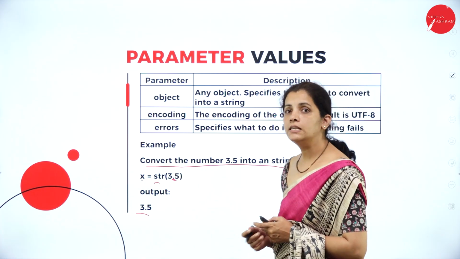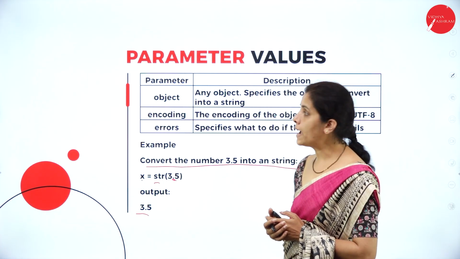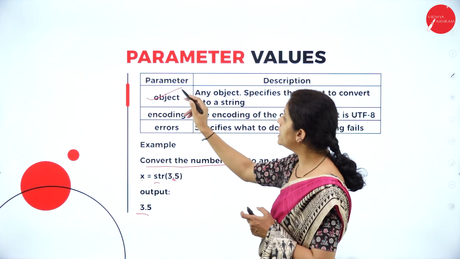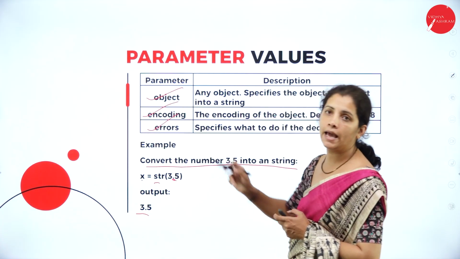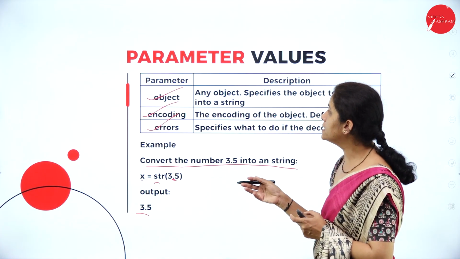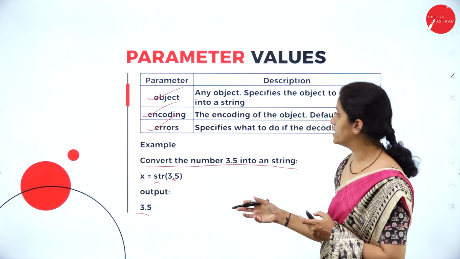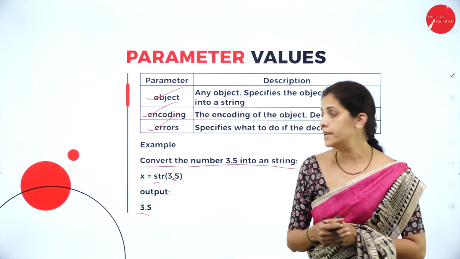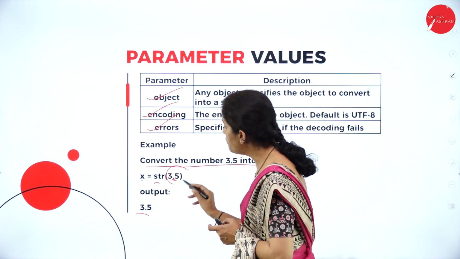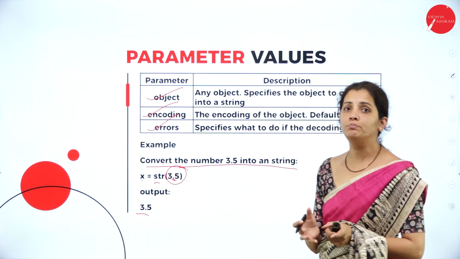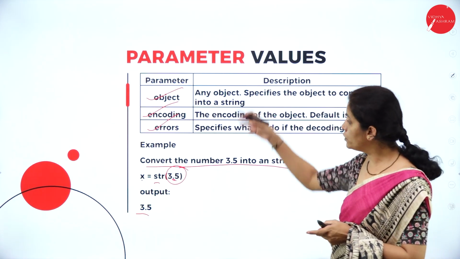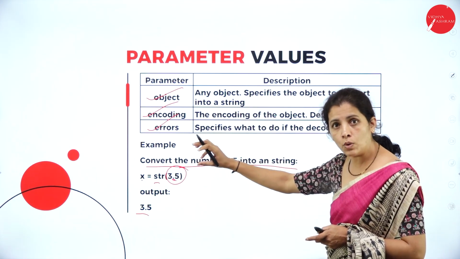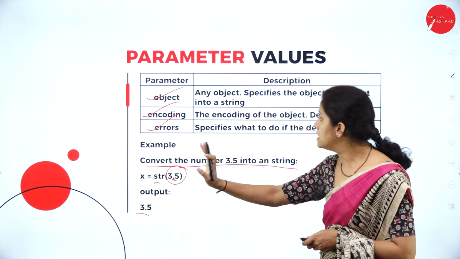And if I consider the string function, what are the parameters I have? Object, encoding, and errors. So, object is nothing but any object. It specifies the object to convert to a string. So here 3.5 is nothing but an object. It's a value. And I'm going to write here to convert 3.5 to a string.